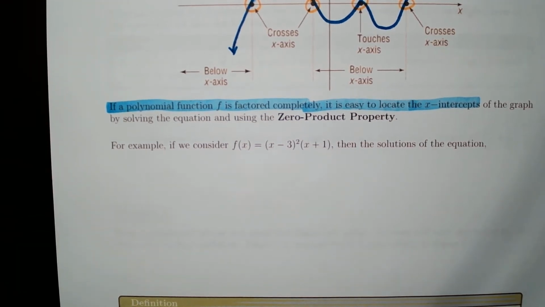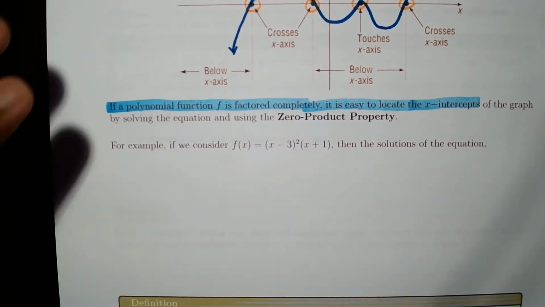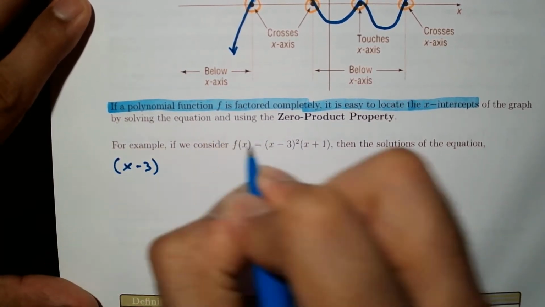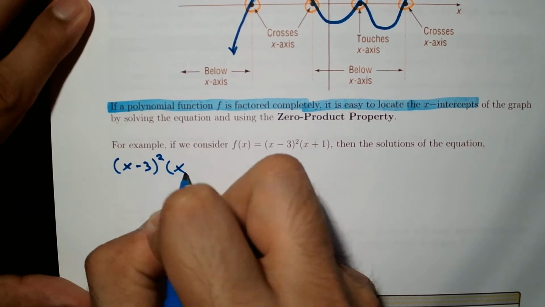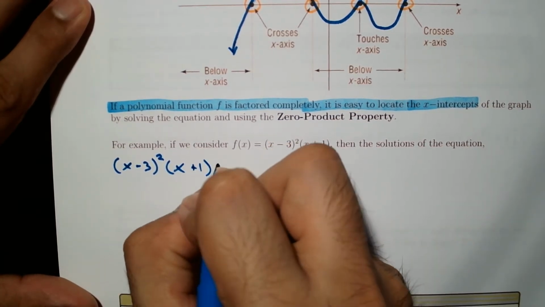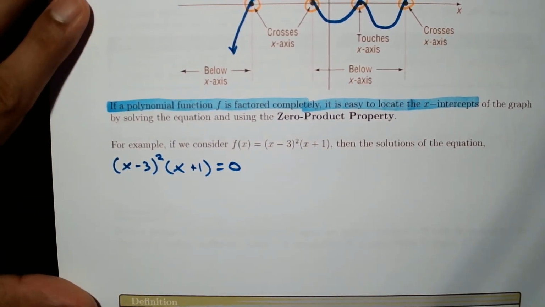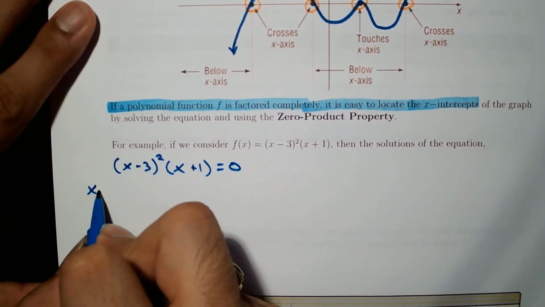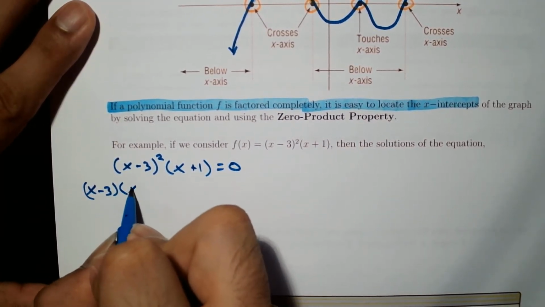So here, what we get is that if we set (x minus 3) squared times (x plus 1) equal to 0, well, in this case, this is the same as saying (x minus 3) times itself.